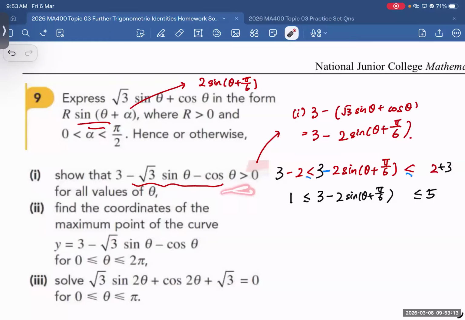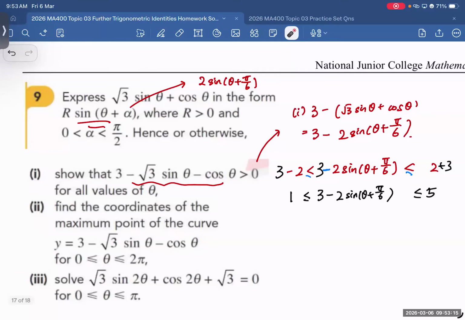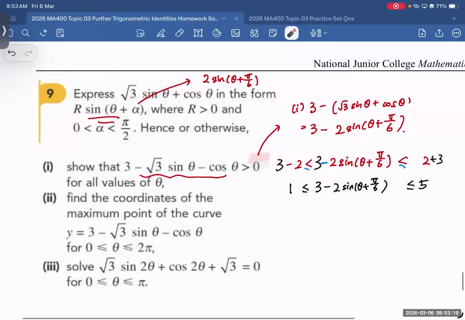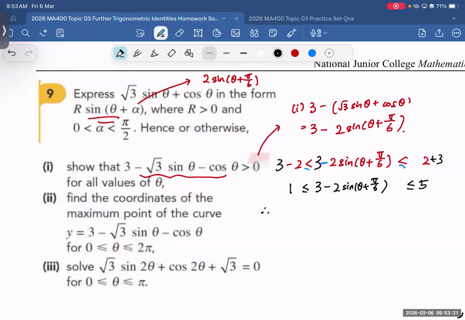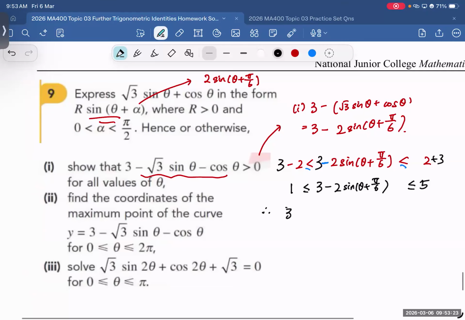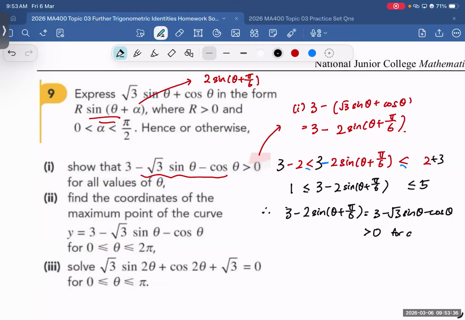There's some common sense and analytical process for you to see. So since that, you can see that therefore, hence 3 minus 2 sine theta plus pi over 6, which is also my question, minus cos theta is more than 0 for all theta.